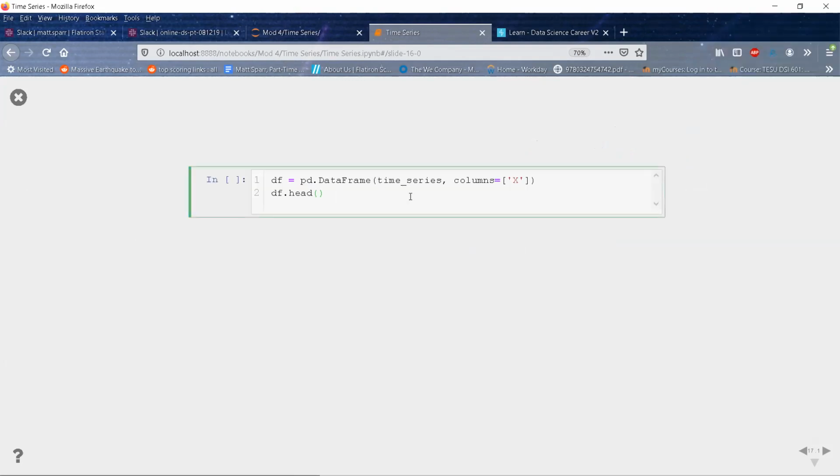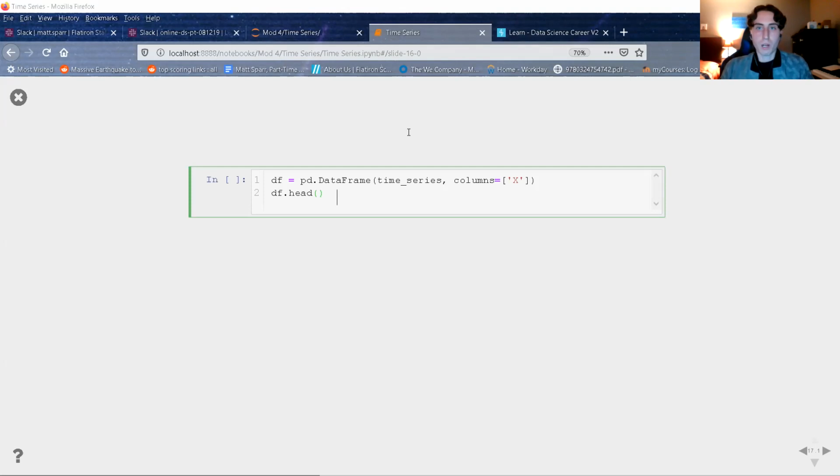Can I ask a question? Sure. So it seems that we assume that a stationary time series is better. Why is that? So you'll kind of see why here as we talk about some of the models. But for right now, basically you just need to know that models won't be able to accurately model the changes in the time series if it's non-stationary. Basically, if we give a model a graph that looks like this, it won't be able to account for this upward trend.